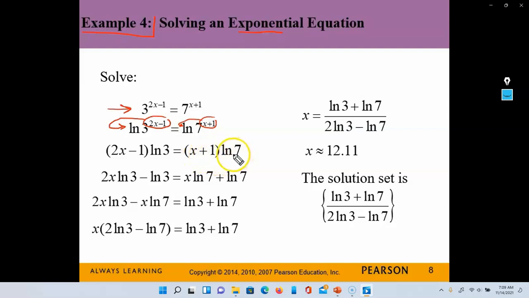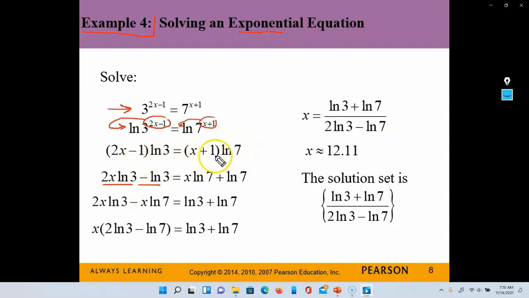Now, what we want to do is take the parenthesis and in a sense get rid of the parenthesis by multiplying 2x by the natural log of 3. And that's what they've done here. And then a negative 1 by the natural log of 3.